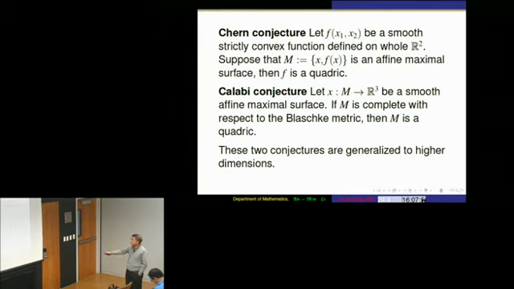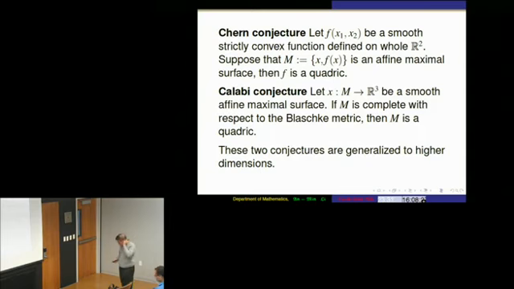Suppose the graph M is an affine maximal surface, then f is a quadratic polynomial. This is a conjecture by S.S. Chern. Another one is the Calabi conjecture. Suppose x: M to R^3 is a smooth affine maximal surface. If M is complete with respect to the Blaschke metric, then M is a quadric.